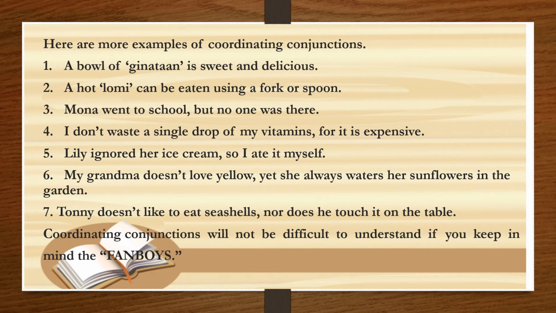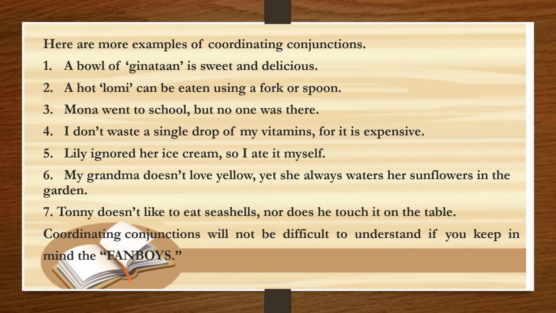Number 4, I don't waste a single drop of my vitamins for it is expensive. Number 5, Lily ignored her ice cream so I ate it myself. Number 6, my grandma doesn't love yellow, yet she always waters her sunflowers in the garden. And number 7, Tommy doesn't like to eat seashells, nor does he touch it on the table.